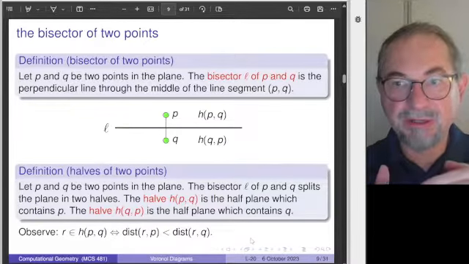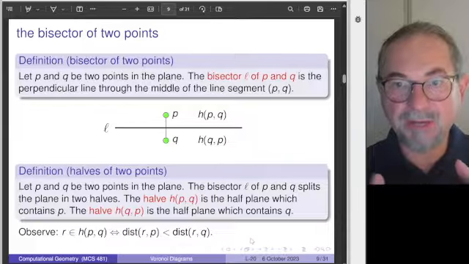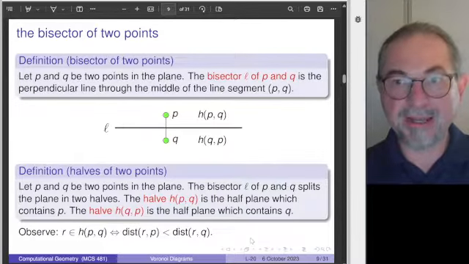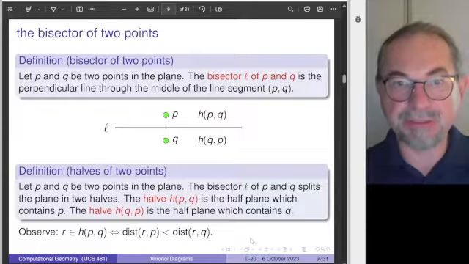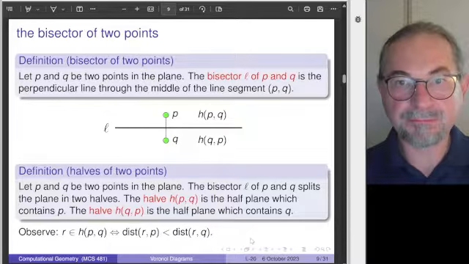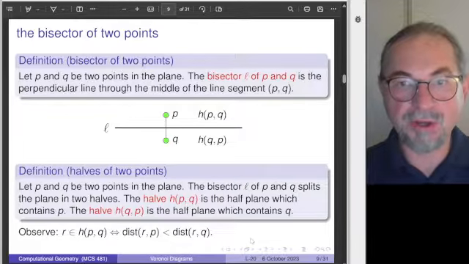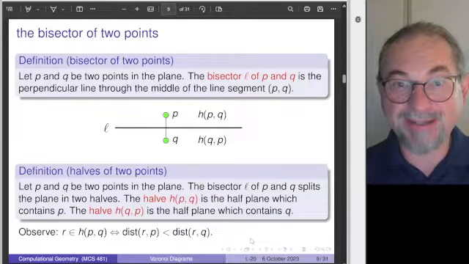So the Voronoi diagram consists of the bisector and the two half planes. The bisector is the line where all points are at the same distance. So that's an alternative definition of the bisector. Okay, so this is a Voronoi diagram for 2 points.